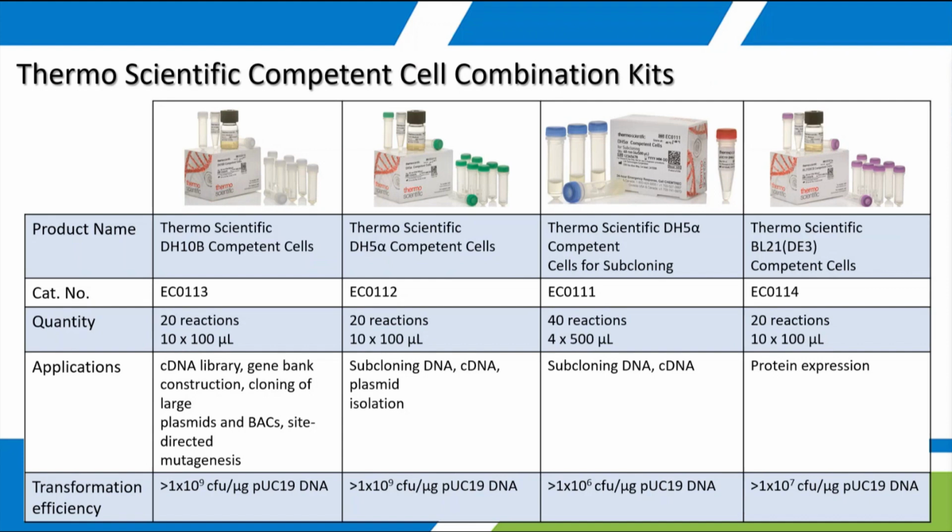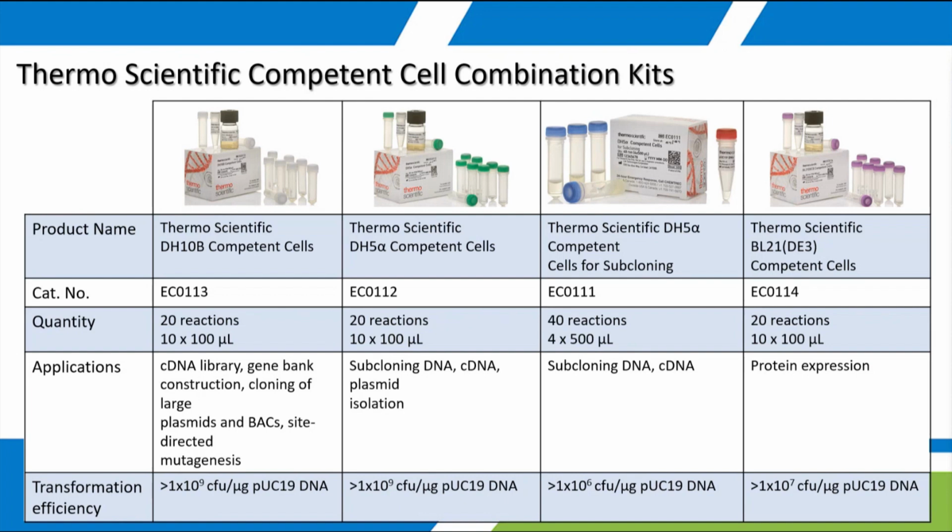For example, if you want to perform cloning for a large plasmid, you can go for DH10B competent cell. This competent cell is also suitable for bacterial artificial chromosome, bacmid, or site-directed mutagenesis study.